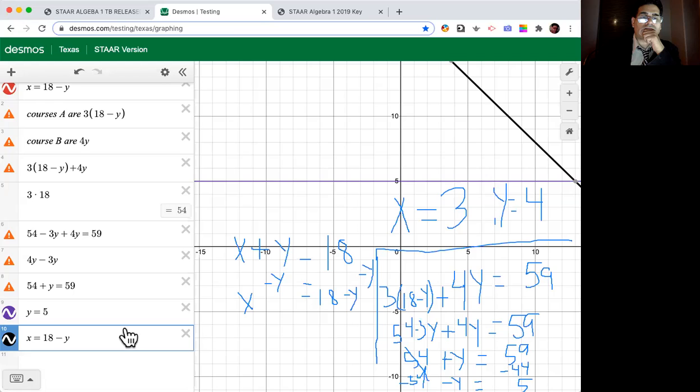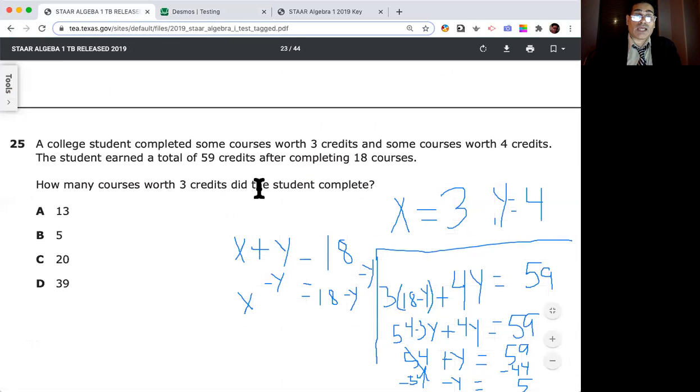X, bring y to this side. Okay, x minus y equals 18. Wait a second. And we bring it over, we have to give it a plus. So make it a plus. That's where we got this from, right? Yeah, that's how we plug that in.